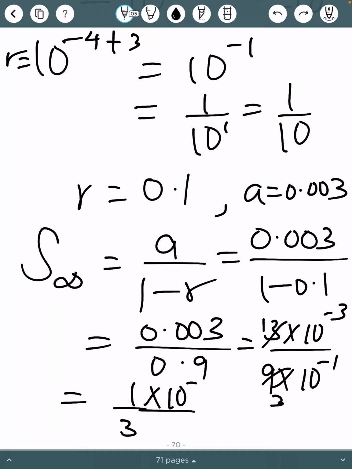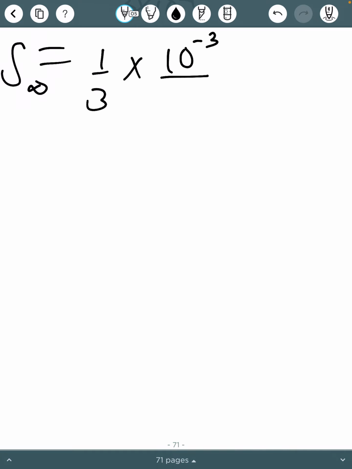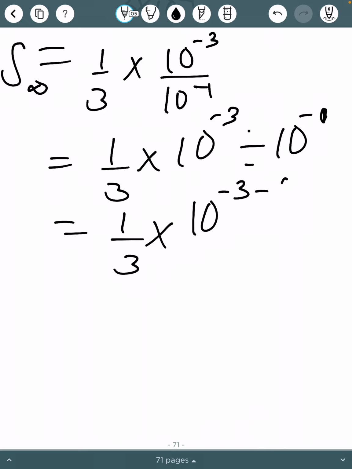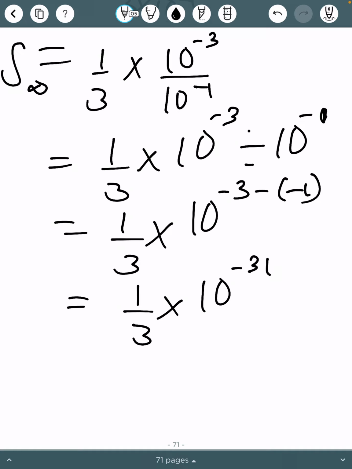So my answer will be 1 over 3 times 10 raised to the power minus 3 over 10 raised to the power minus 1. That gives me 1 over 3 times 10 raised to the power minus 3 minus minus 1, which will give me 1 over 3 times 10 raised to the power minus 3 plus 1.